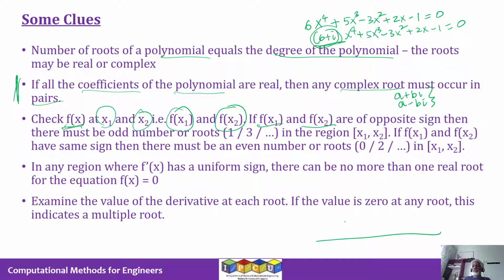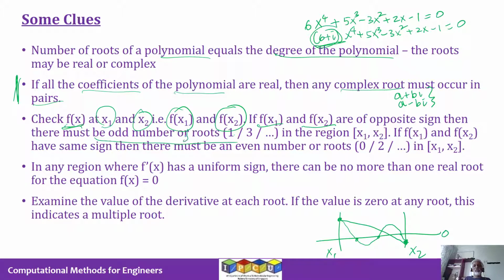So if you take this function, right, x1 and x2 are here, and you evaluate the function at x1, you get a positive value. You evaluate the function at x2, you get a negative value. Let's say this is the 0 value in the y-axis. So the function should be like this. So it cuts the x-axis at one point, or the function can be like this, in which case it cuts at 3 points, etc. So that is what this part means, right?